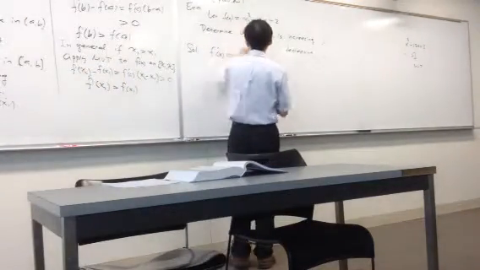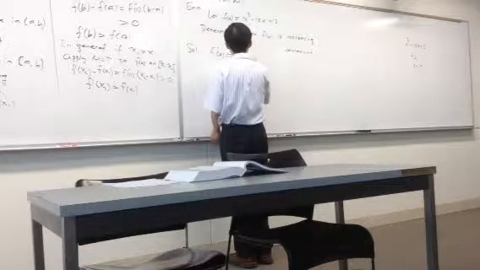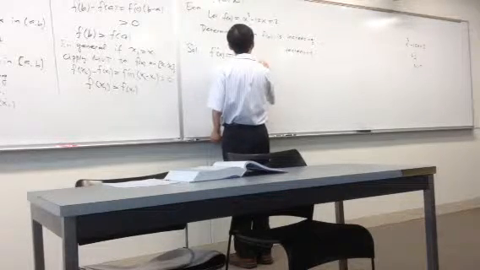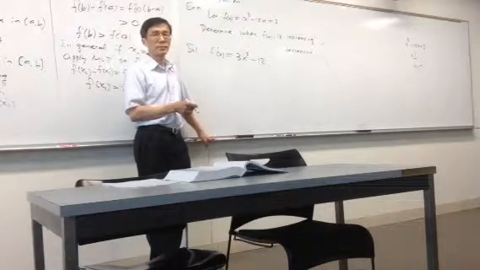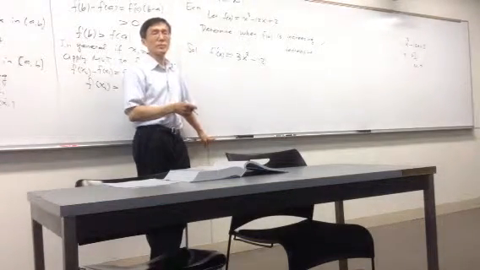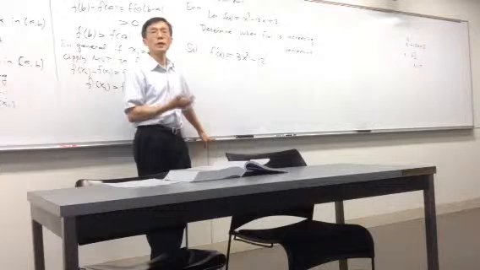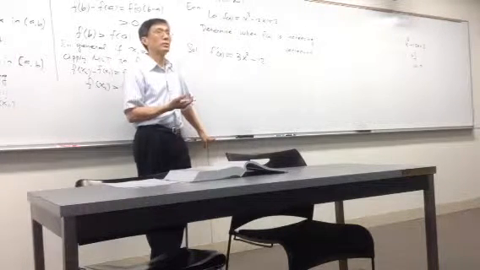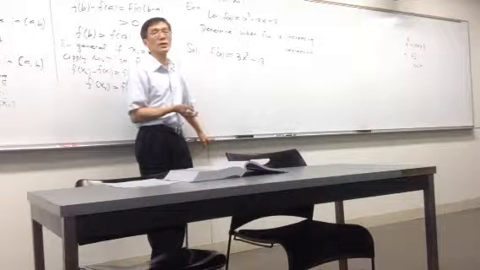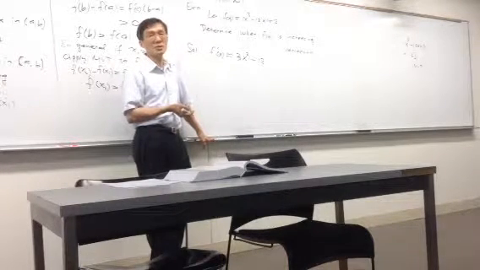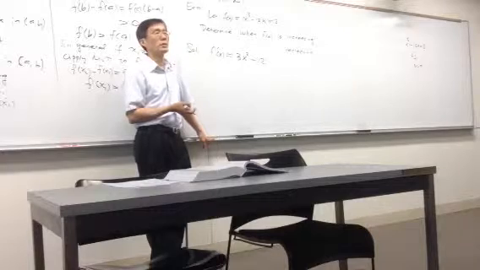f prime of x, that's easy. 3x squared minus 12, right? Basically, we want to know when it is positive or negative. To do that, I suggest you first find out where f prime equals 0, or f prime does not exist.